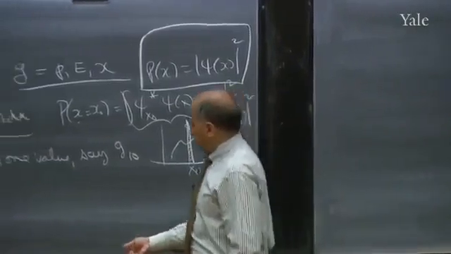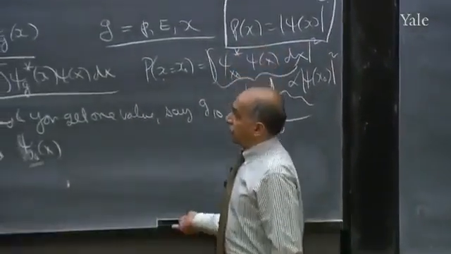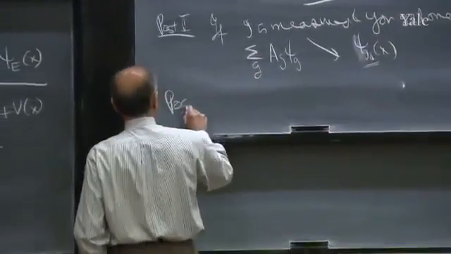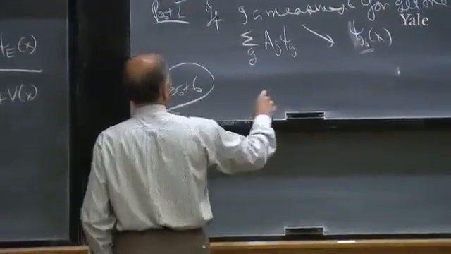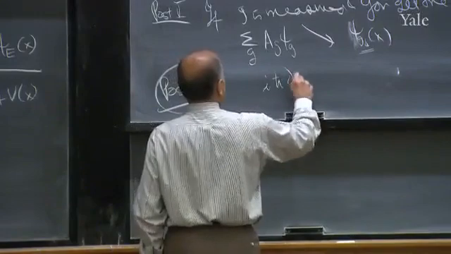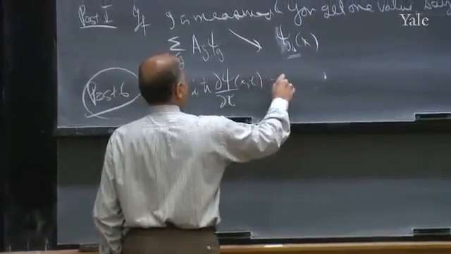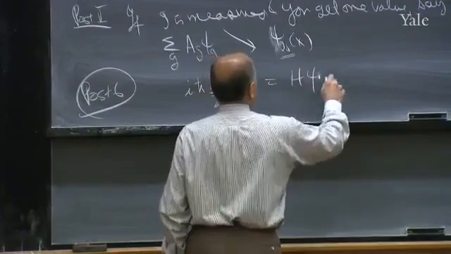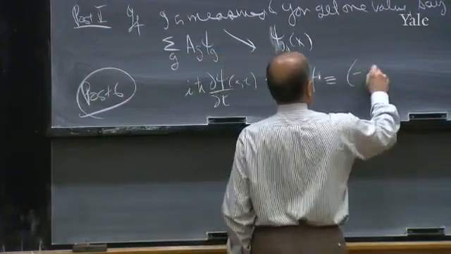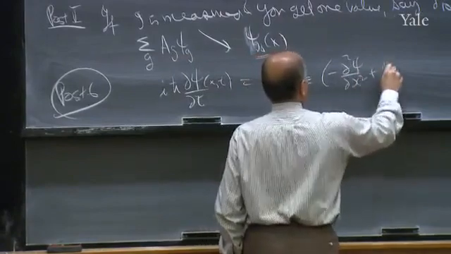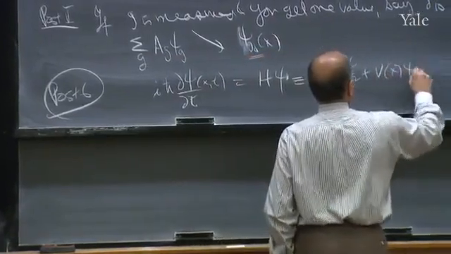The last postulate, the all-important postulate 6, says that the state changes with time according to the Schrödinger equation. I'm just going to call it h psi, but from now on, it'll be minus d2 psi over dx squared plus v of x psi of x.